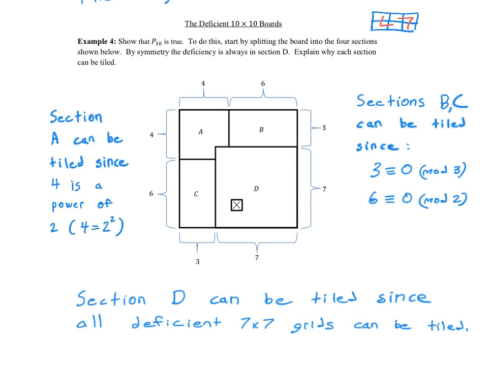Therefore, we've looked at each individual section, A, B, C, and D, and we can perfectly fill each of those sections up with our right Trominoes, so the whole 10 by 10 board can be tiled. And it doesn't matter where the deficiency is, because by symmetry we can always stick it in D, and it doesn't matter where it appears in section D.